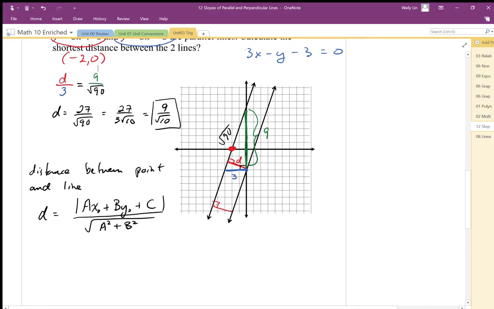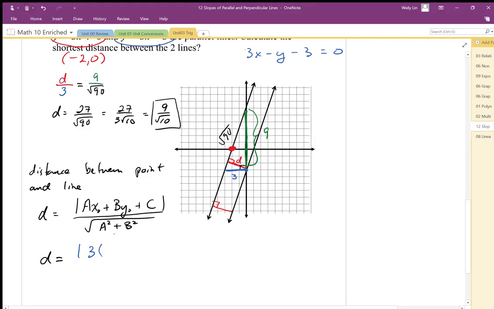So let's try this formula out. The distance is equal to the absolute value of a, so that's 3, times the x coordinate. Okay, that's going to be -2.